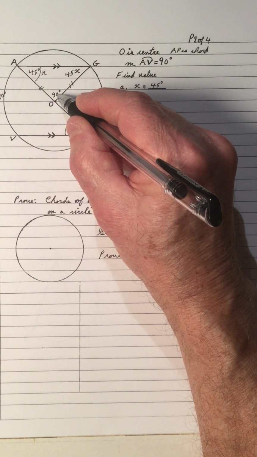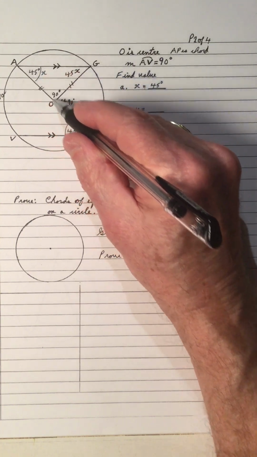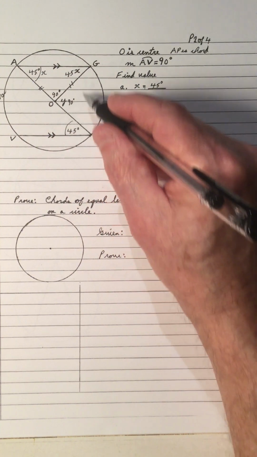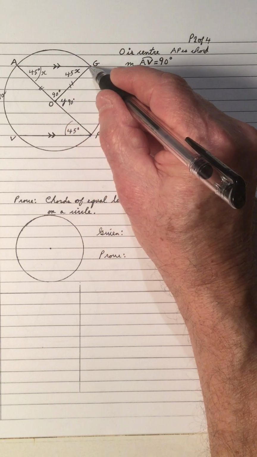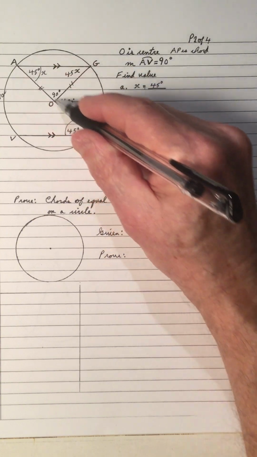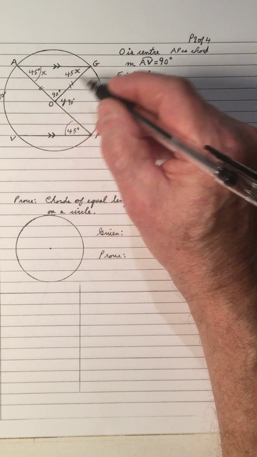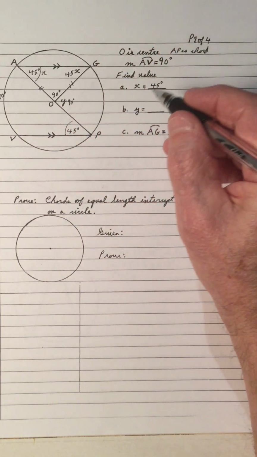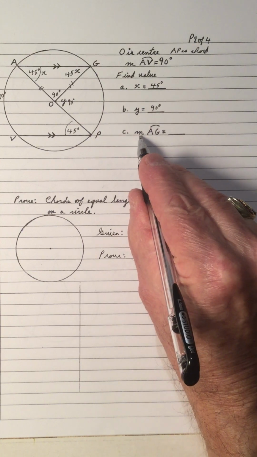So if you got a 90 on one side, you got a 90 on another, because 90 plus 90 makes a straight angle, 180. Or GO is perpendicular to AB, because perpendicular lines form 90-degree angles, so this is a 90. And so we got Y is a 90.